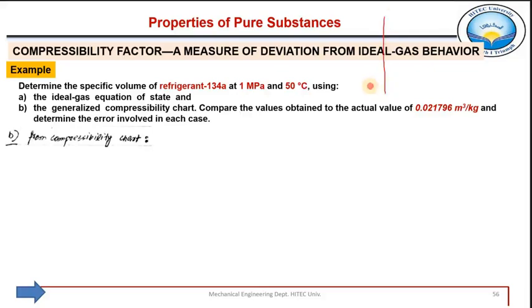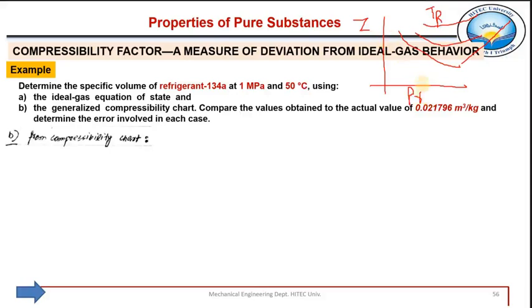This compressibility chart has two axes. On the y-axis we have Z values, on the x-axis there are reduced pressure values, PR, and a number of curves for different TRs.